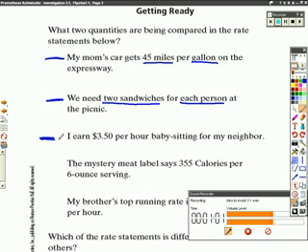All right, we'll try one more. I earn $3.50 per hour babysitting for my neighbor. I earn $3.50 and per hour. All right, so those are just 3 examples of what we call rates.